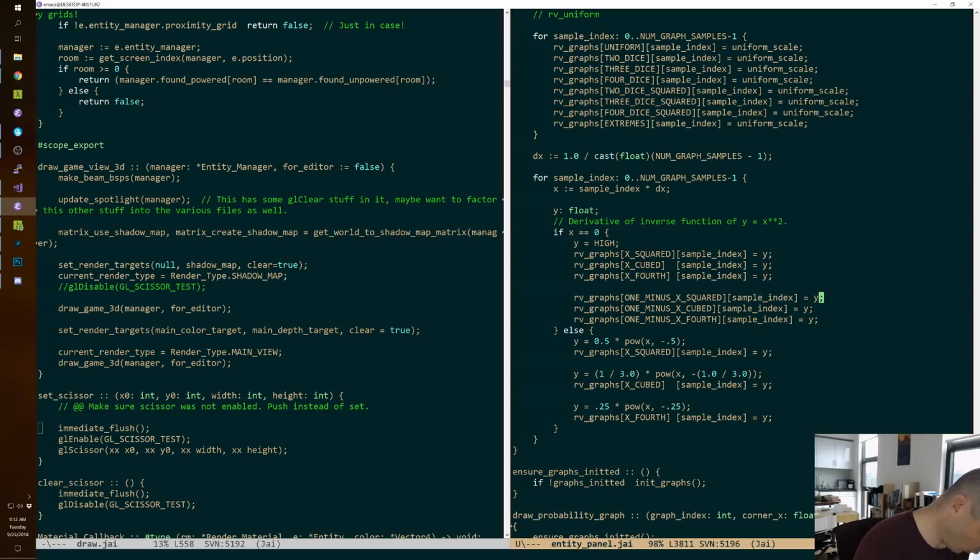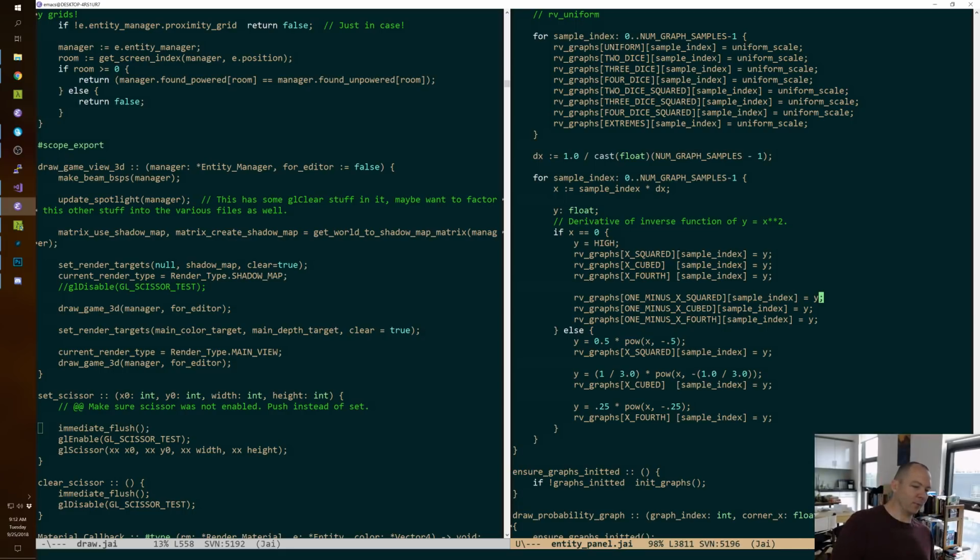So to inverse the function, we solve for x in terms of y. So y equals 1 minus x squared. We subtract 1 from both sides. So y minus 1 equals minus x squared, right? So 1 minus y equals x squared. X is the square root of 1 minus y.